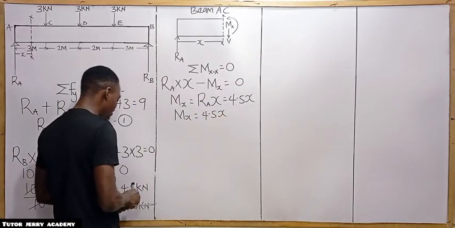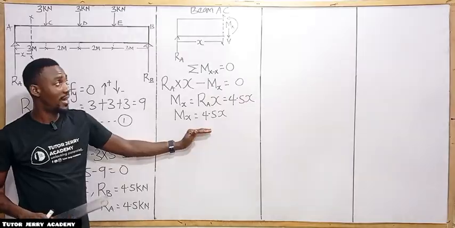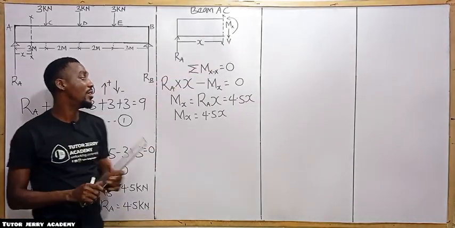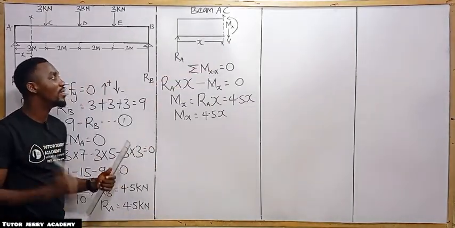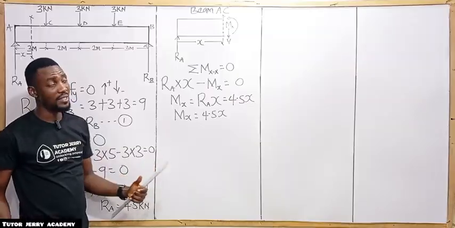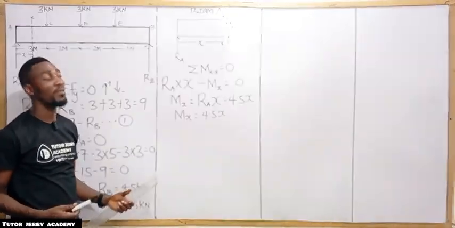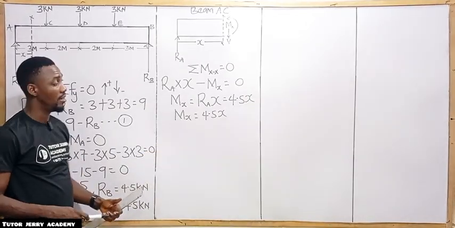All right, but we have gotten our moment about the sectioning part. Now the question is, how are we going to get the shear force? The shear force is going to be gotten by differentiating the equation of our what? Our moment. You understand?